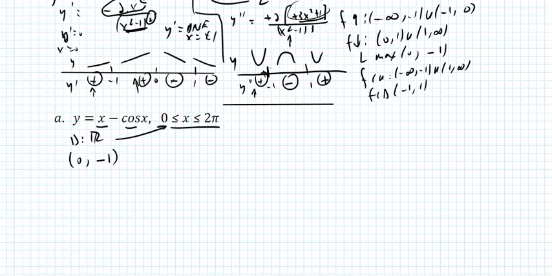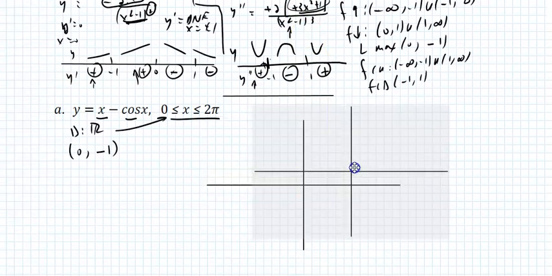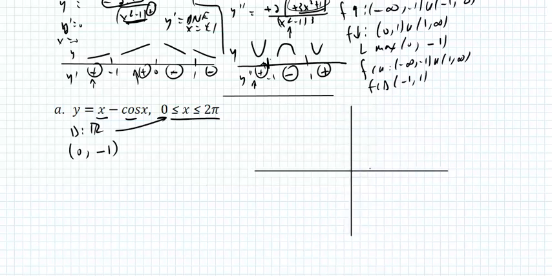So on the graph, those are the intercepts. I'm going to expand that a bit. So 0, negative 1, the graph is going to go through this point.